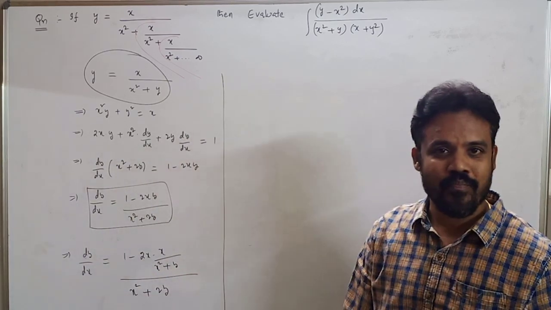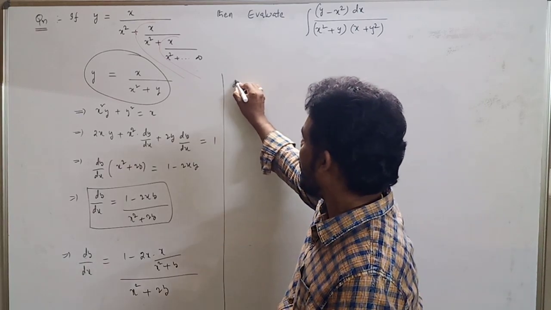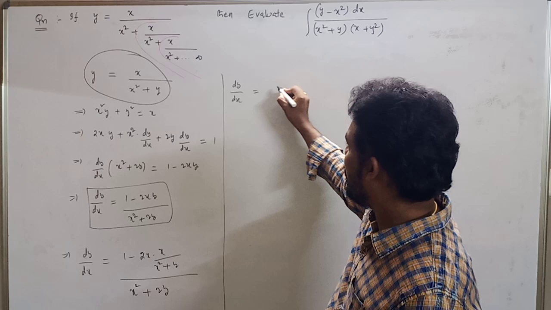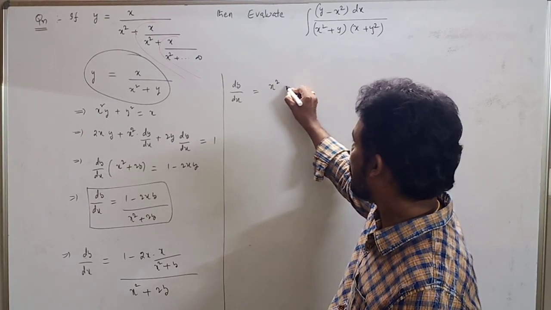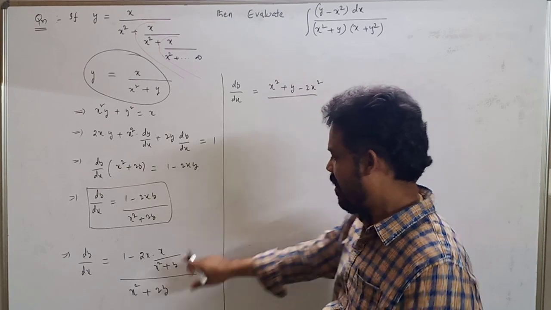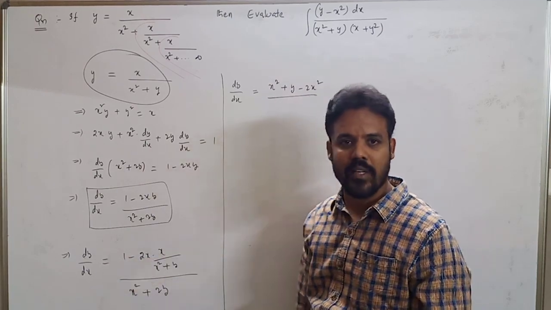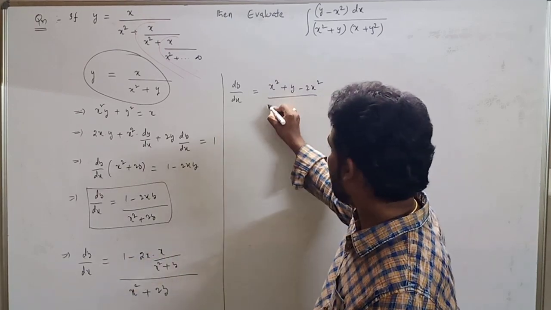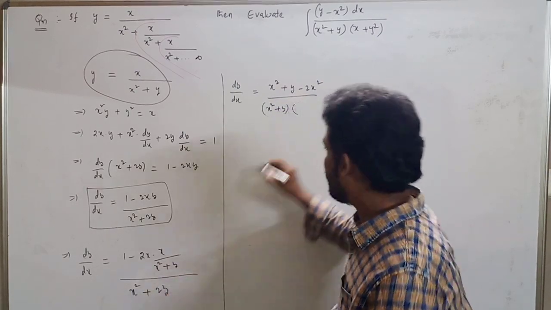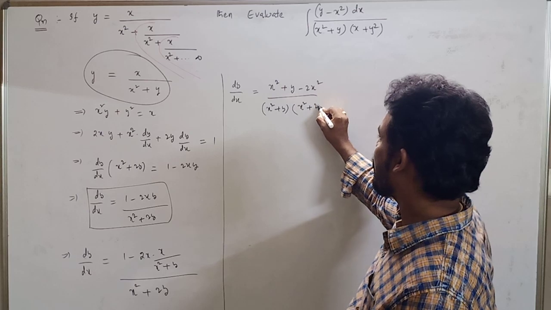Now, after simplification, dy by dx is equal to (x square plus y minus 2x square plus... ) the numerator becomes y minus x square, divided by x square plus y, and this term is x square plus 2y.